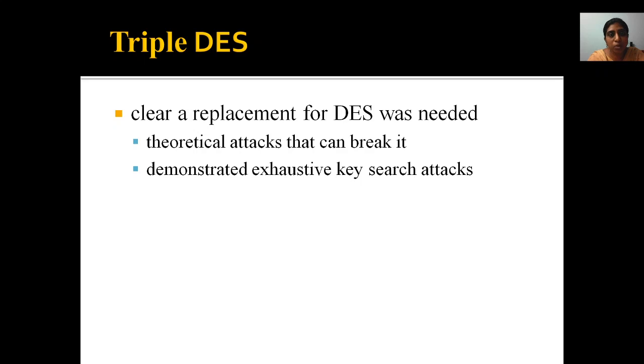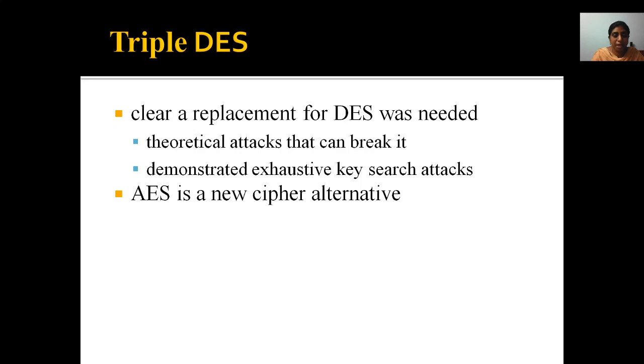So in that we are going to discuss triple DES. Triple DES is a clear replacement of DES and was needed because of the theoretical attacks that can break it. It was demonstrated that DES is subject to certain key search attacks. So the AES algorithm came into existence.